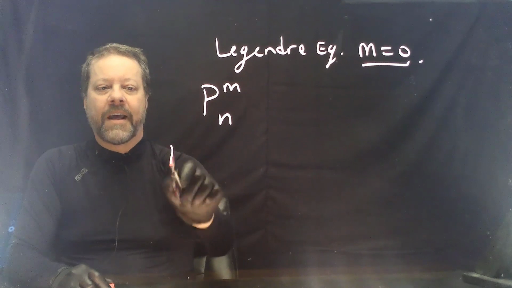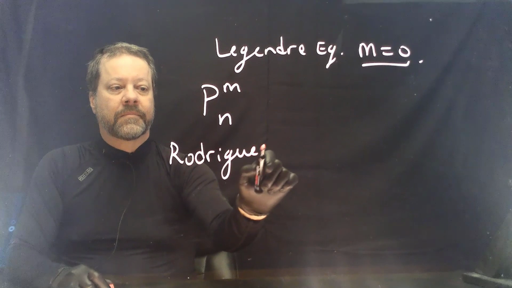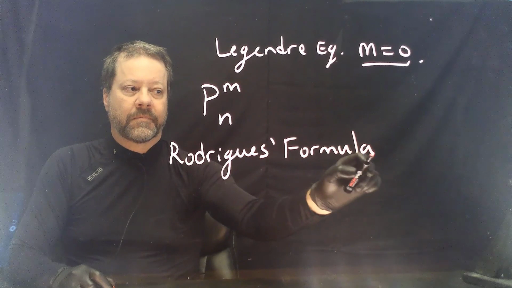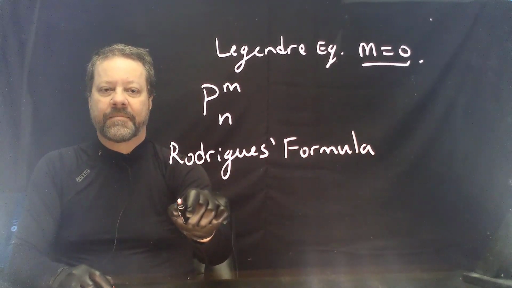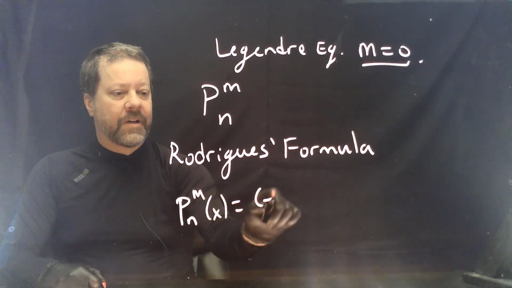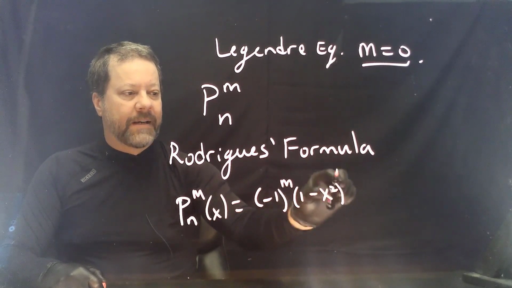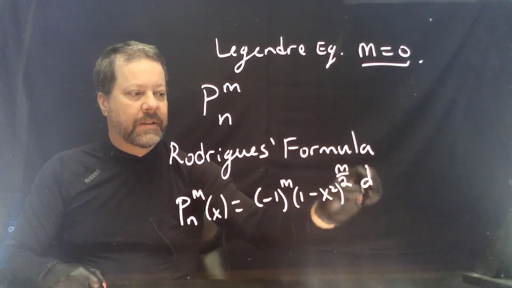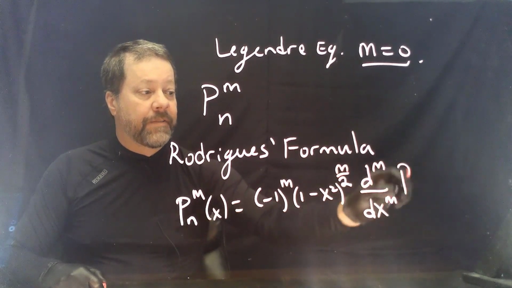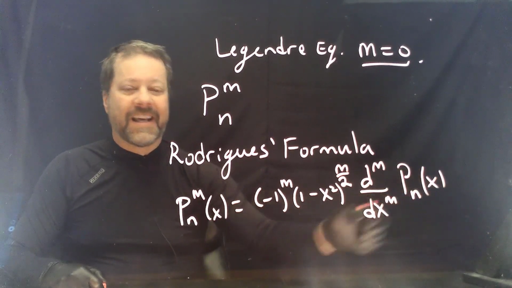These will satisfy Rodrigues' formula, whereby Pnm of x is going to be (-1) to the m times (1 minus x squared) to the power of m divided by 2 times the mth order derivative of the Legendre polynomial of degree n.